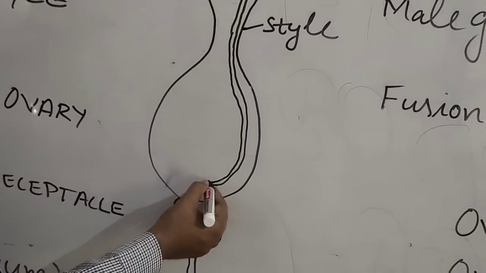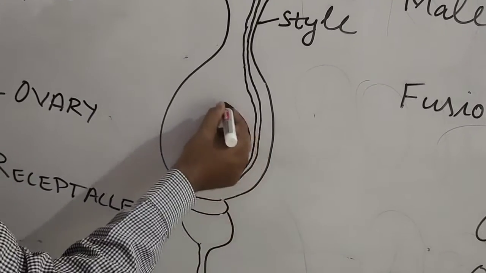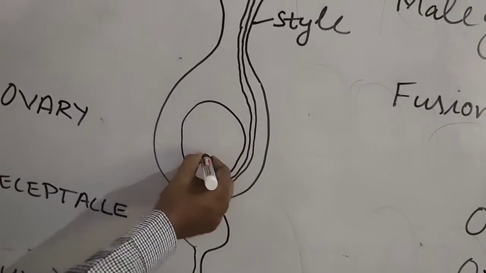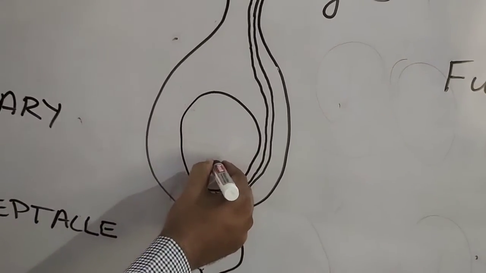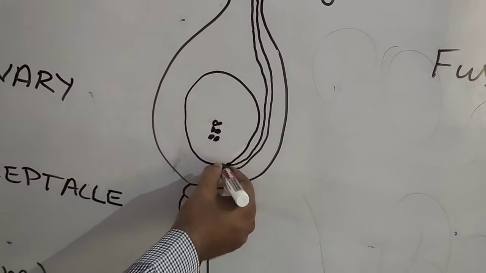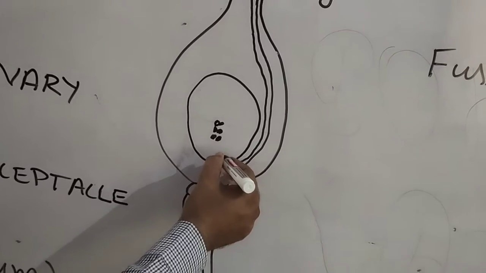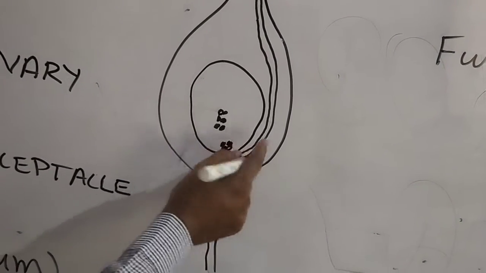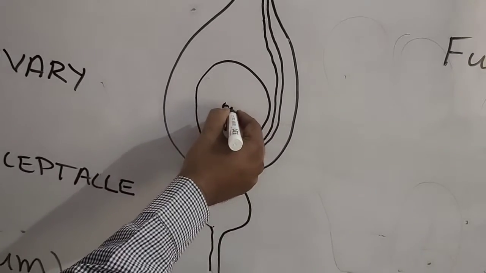This is the ovary, and the ovary also contains a pair of female gametes.